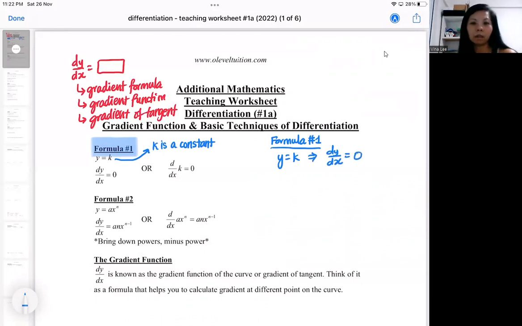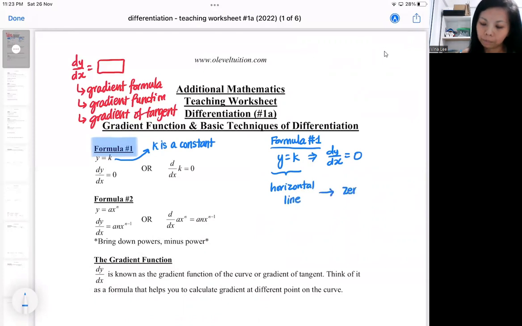You can just take it as a formula, or if you want to understand why, in a graphical way, this is a horizontal line. All of us know that a horizontal line has 0 gradient. And if you recall, what is dy dx? dy dx is a gradient function, a gradient formula. That's why the gradient is 0.